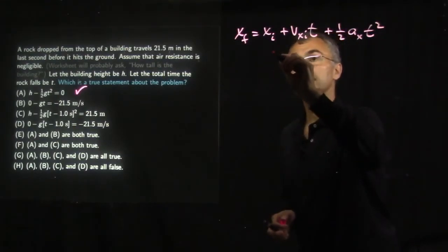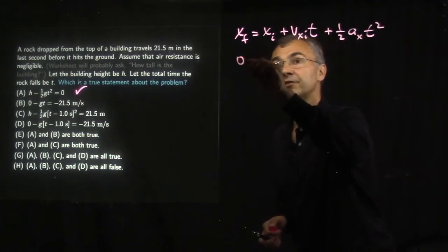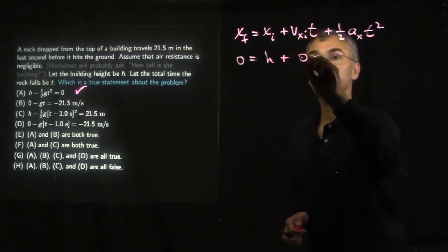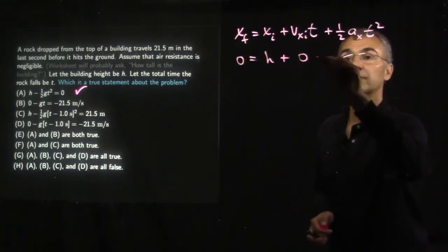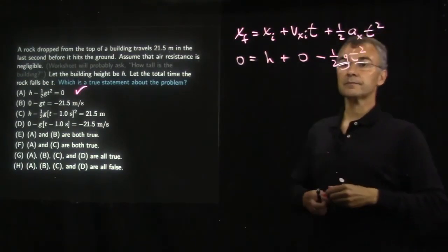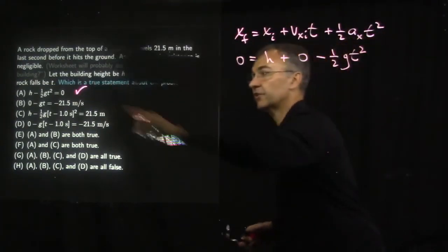So x final is 0, x initial is h, Vx initial is 0, and a sub x is minus g. So this is the same as this statement.